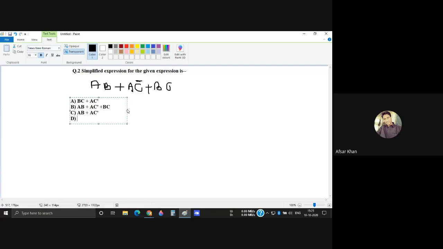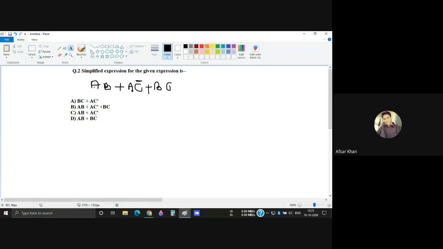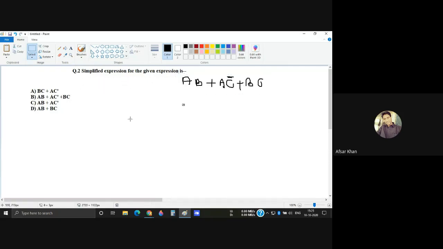Option D is AB plus BC. Okay, just take the time and solve this expression, students. So you are given 4 options. Tell me the correct option for this expression.